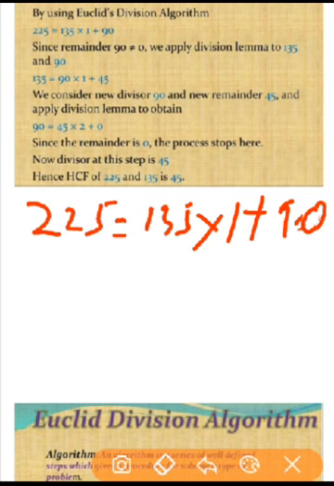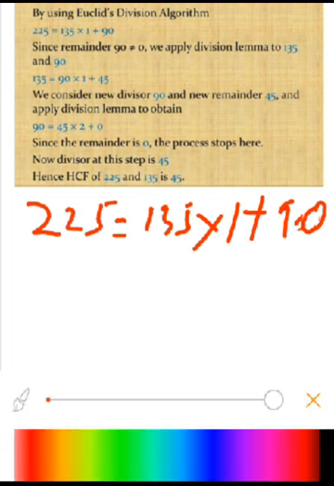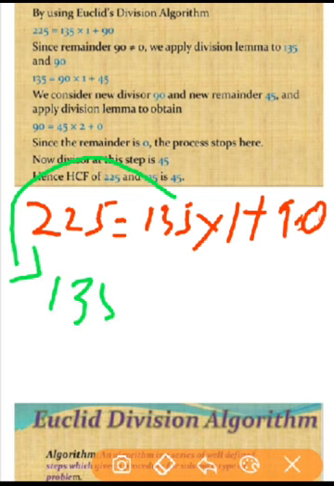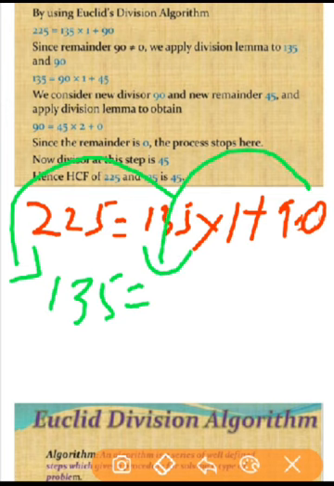Now to repeat this step once again, we need a dividend and we need a divisor. Now how to get that? See, the divisor in the first line, that is 135, will become the dividend, and the remainder in the first step will become the divisor.